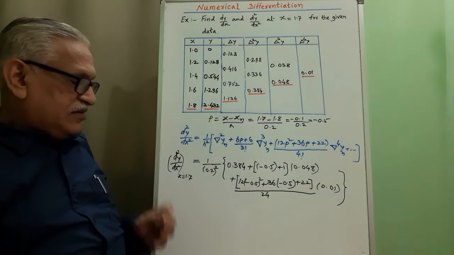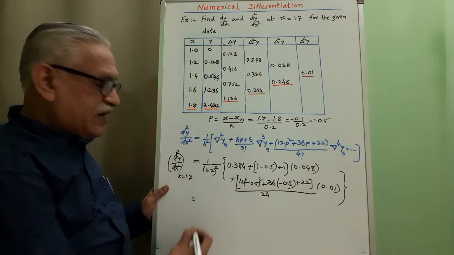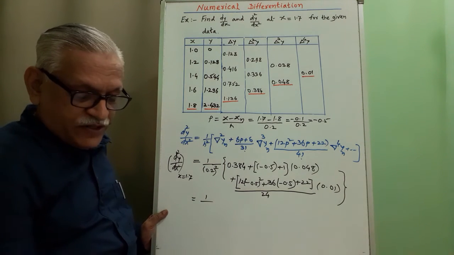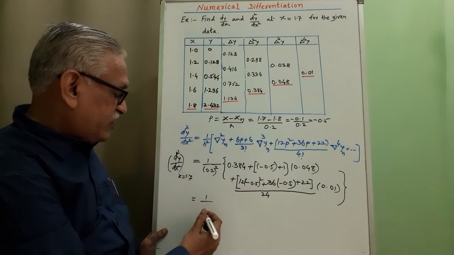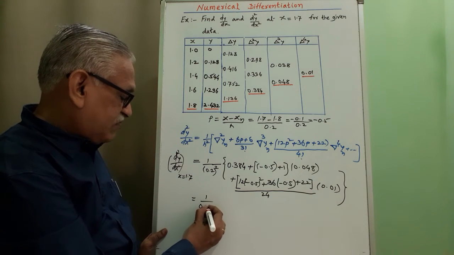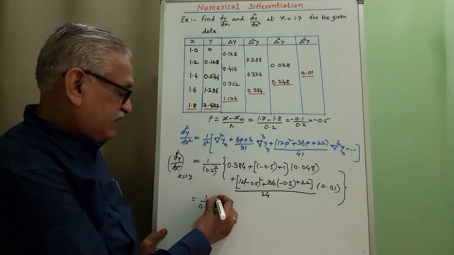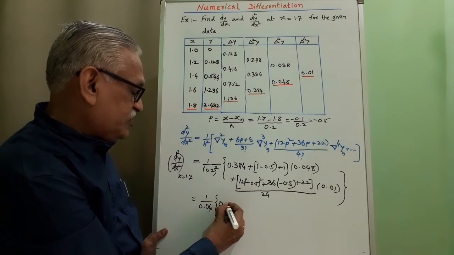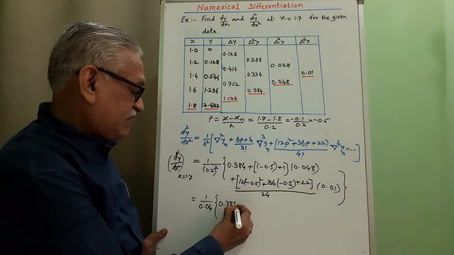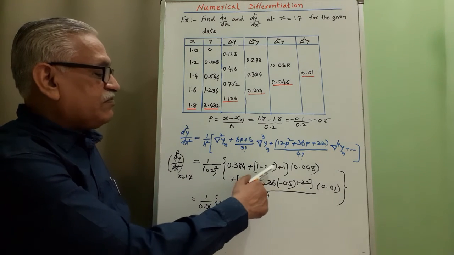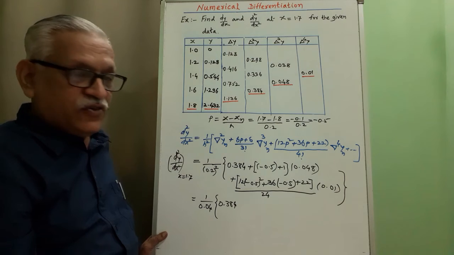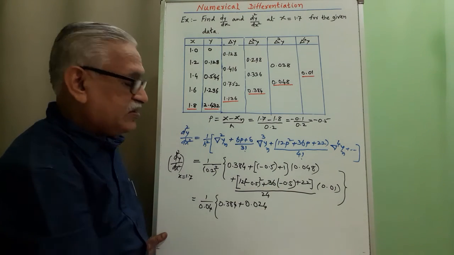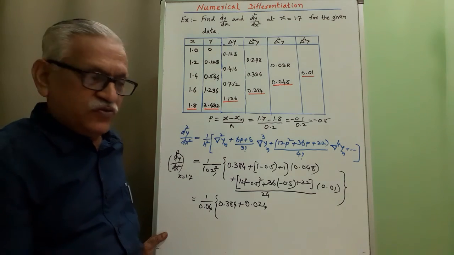Simplifying with the help of a calculator, we get 1 upon 0.2 square, and 0.2 square is 0.04. 0.384 as it is, no change. 1 minus 0.5 is 0.5 multiplied by 0.048, that is 0.024.